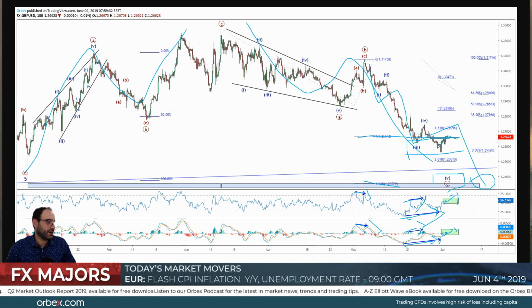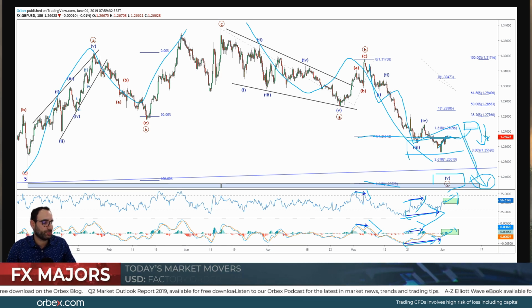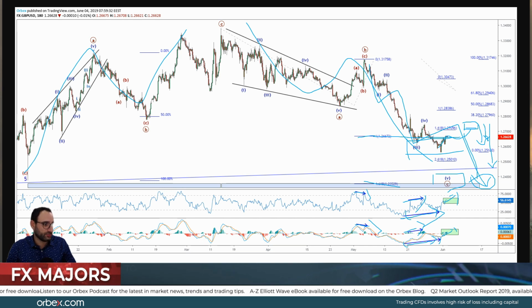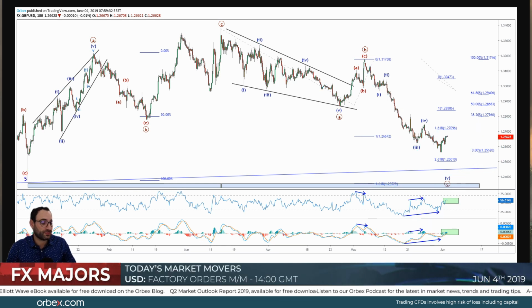I'm seeing this 127 as a good psychological place where we can start looking for validations and signals in order to see whether the last wave to the downside will be coming through. This sell signal will be very short term, and then we can probably start looking for buys as well. That will be validated down the line, because it's too early to say whether this is a reversal for the pound or not.